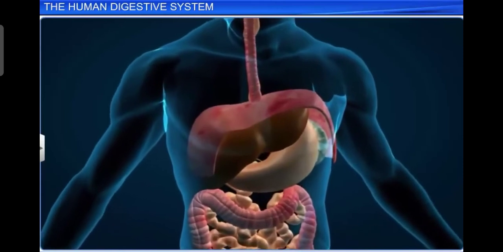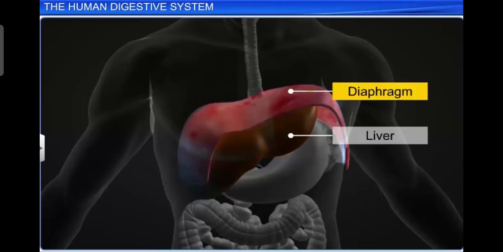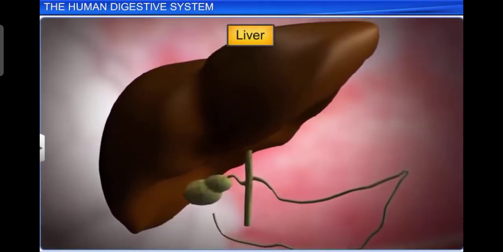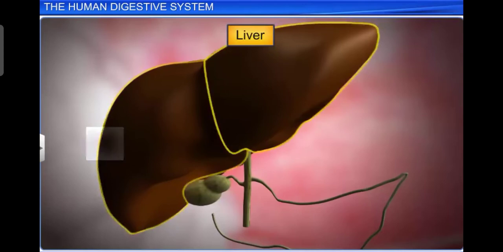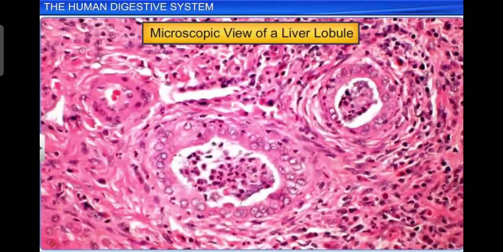Now the liver. Liver is the largest gland of the body, weighing about 1.2 to 1.5 kg in an adult human. It is situated in the abdominal cavity just below the diaphragm and has two lobes. The hepatic lobules are the structural and functional unit of the liver, containing hepatic cells arranged in the form of cords.